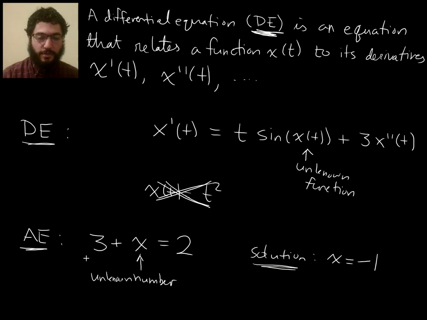For an algebraic equation, if you want to know whether a number is a solution or not, like -1, you would substitute -1 in for all the x's showing up, and then you would check whether the left-hand side equals the right-hand side.